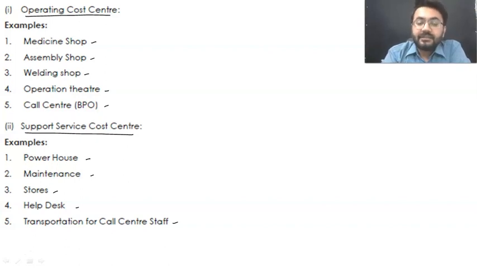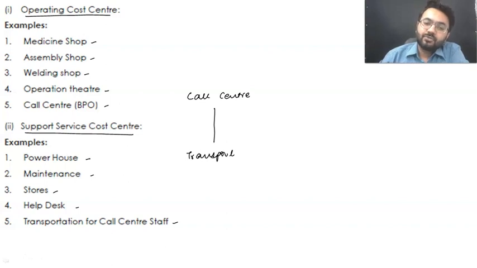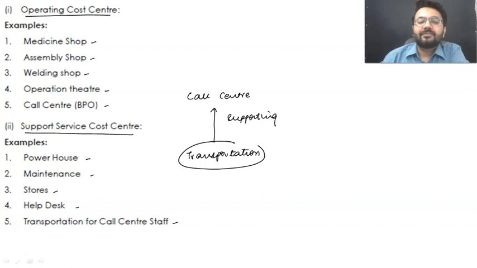The call center is classified over here in the main operating cost center, and it generally provides that transportation facility. So this transportation facility is supporting the main operating cost center. That's why it is classified as a supporting service cost center.